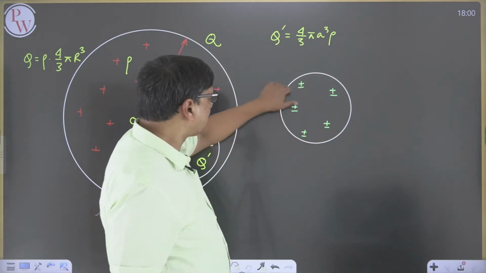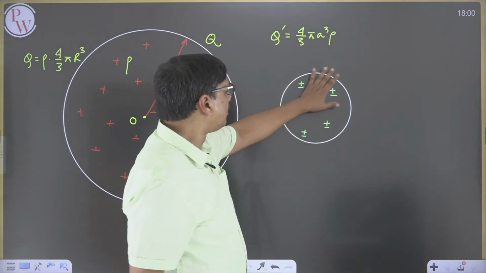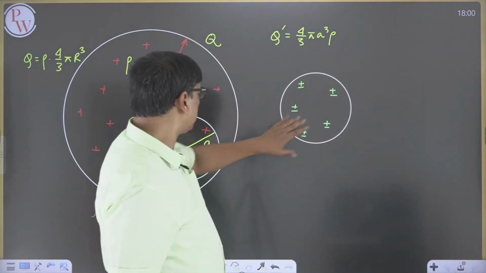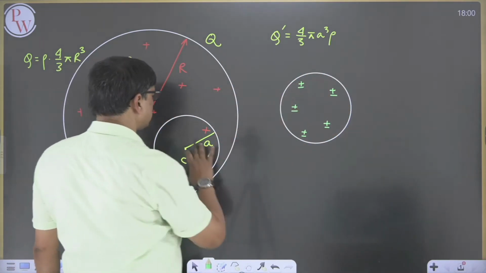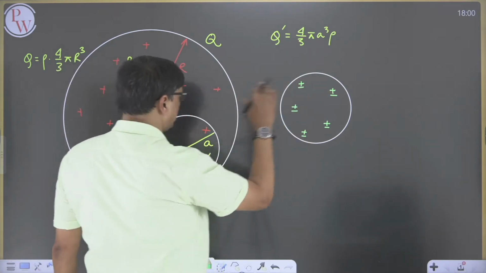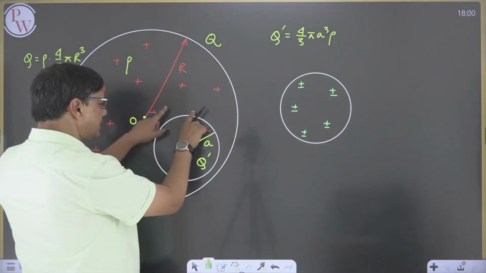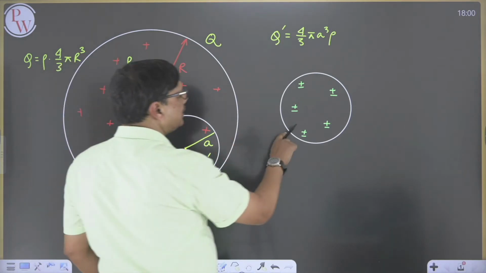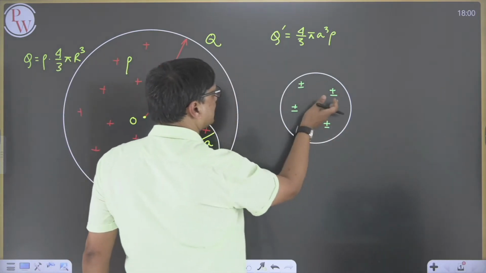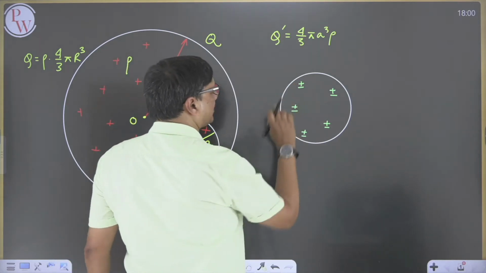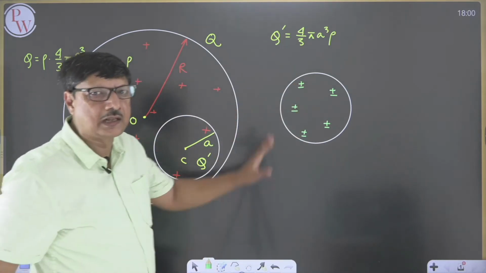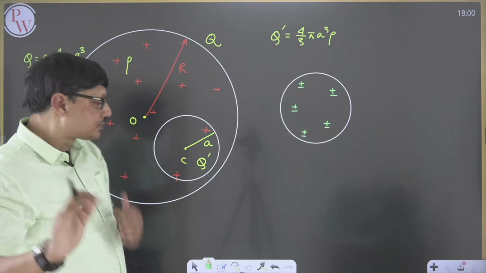There is no resultant charge over here. Virtually we are considering that it should have contained Q dash charge. So a similar Q dash charge we thought of, plus and minus, makes it neutral and no charge over there, as it should be.